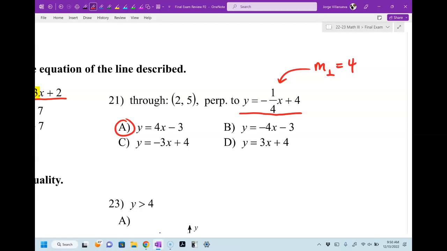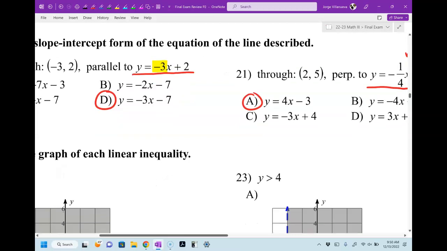Notice, normally you're supposed to calculate a brand new equation and all this other stuff, but if you notice, perpendicular, they have to have the same slope, opposite reciprocal, and for parallel, they have to have the same slope, then look at that and use that to find your answers.